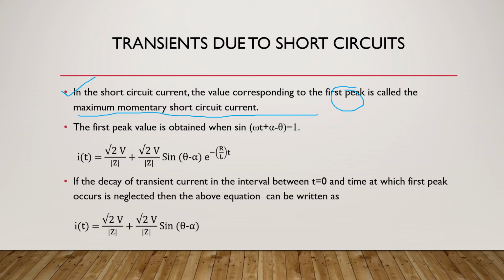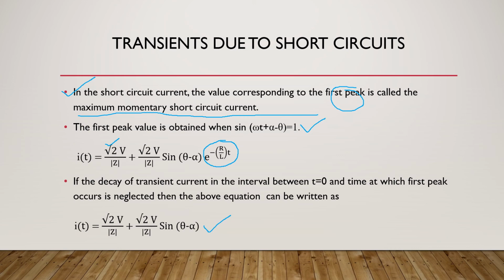Now this is the first condition, for Is, the symmetrical short circuit current. That part can be seen here: the sine function gets 1. So then the final expression will be something like this.